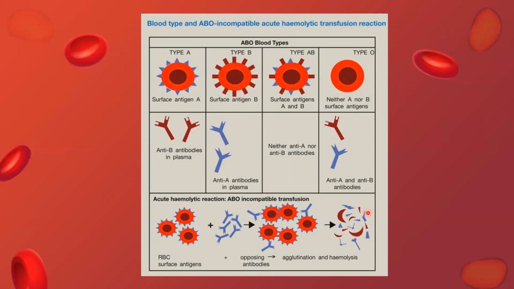Incompatible blood is why there's a process now, blood typing and cross-matching, to be able to secure that the blood that we could donate to the patient is safe.